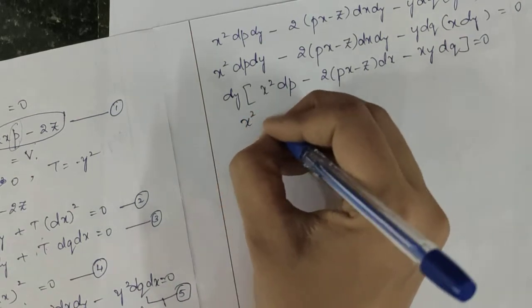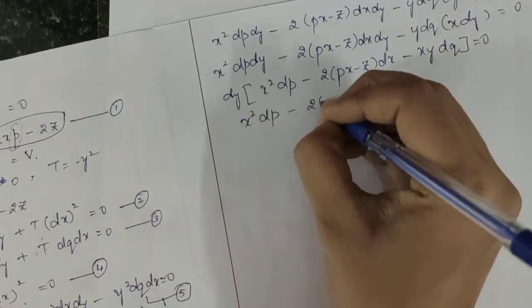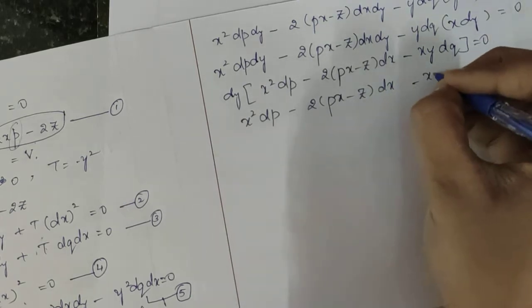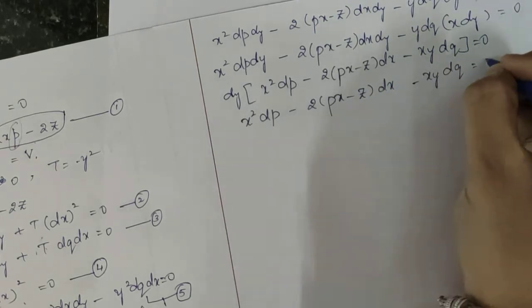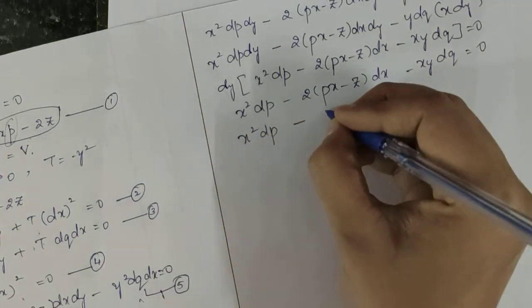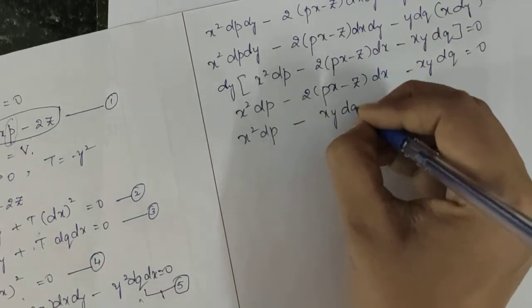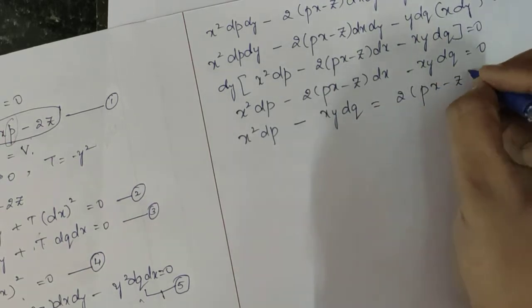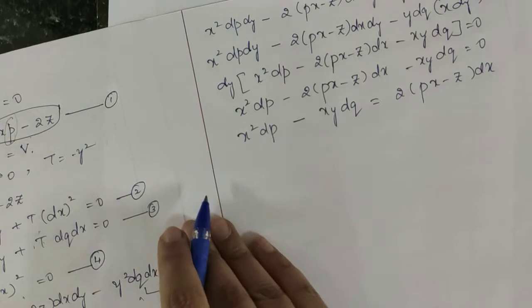So this will be x square dp minus 2 into (px minus z) into dx minus xy into dq is equal to 0. So x square dp minus xy dq will be equal to 2 times of (px minus z) into dx, right?